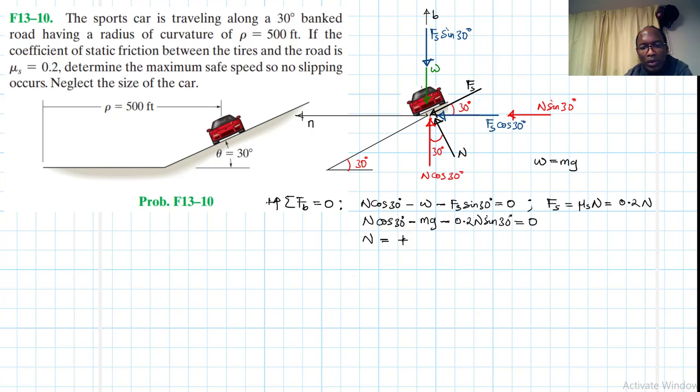Our N is going to be equal to mg divided by cos 30 degrees minus 0.2 sine 30, right? So there we go. We have found our N.